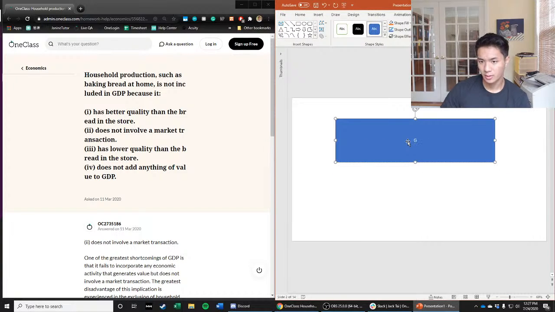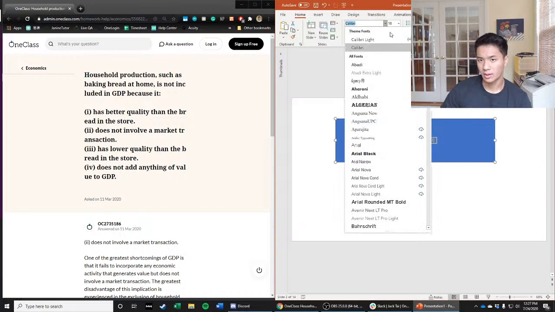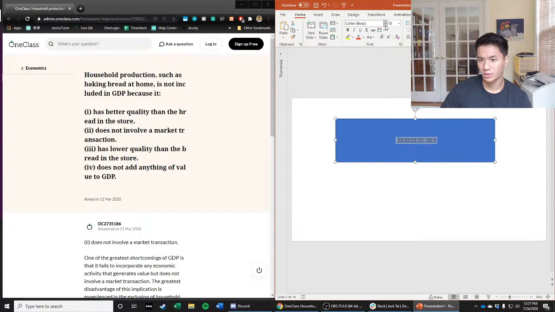Primarily through Y, or GDP, is equal to consumption plus investment plus government spending plus net exports, where net exports is equal to exports minus imports, right? Now this is our expenditure approach to calculating GDP, right?